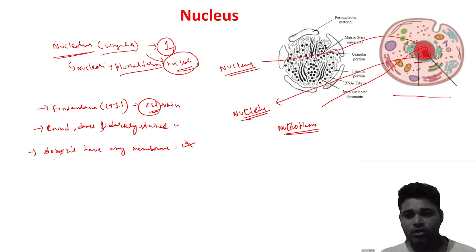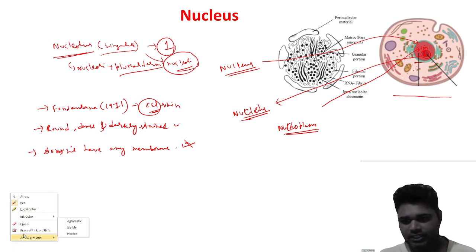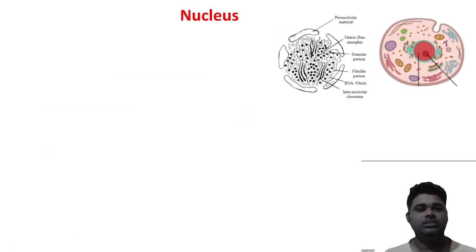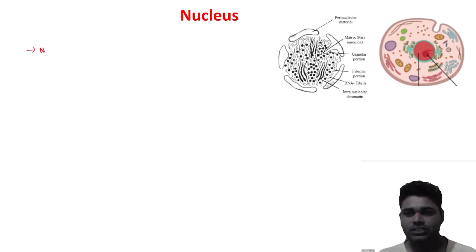So now, how is the nucleolus formed? The nucleolus is formed by the NOR, which means nucleolar organizing region.